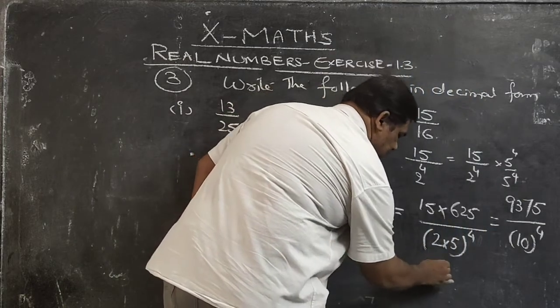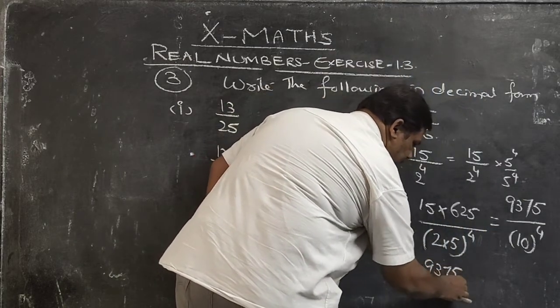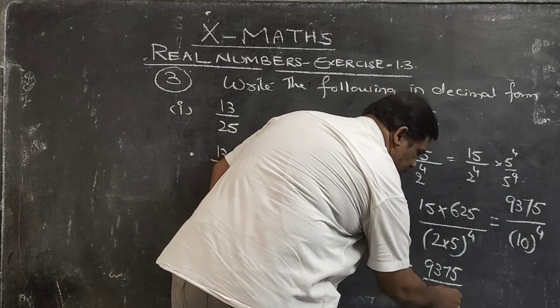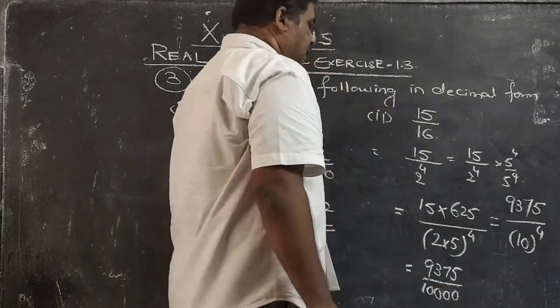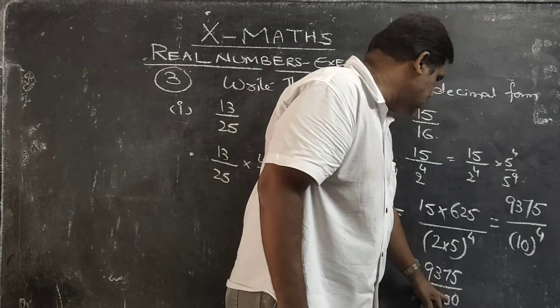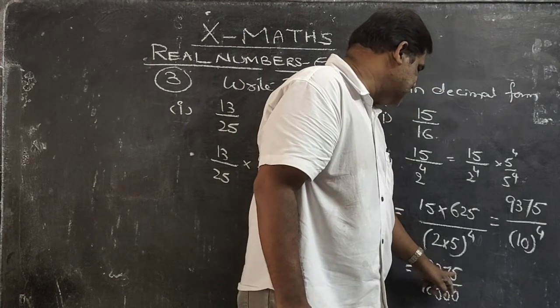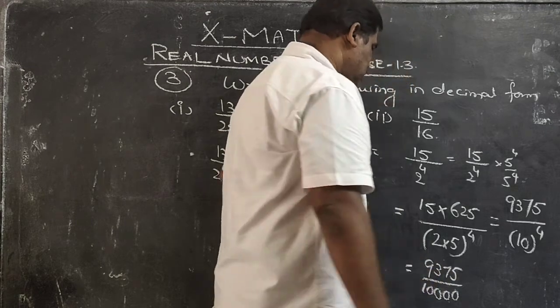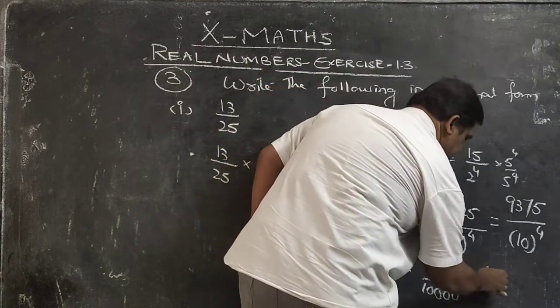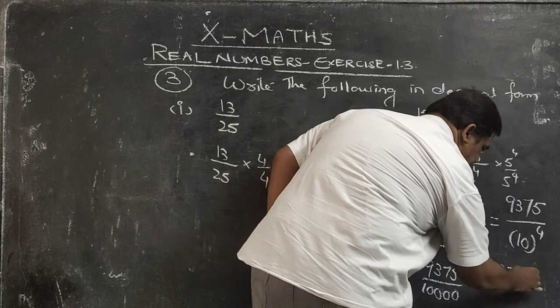So it is 9375 by 10 to the power 4, which means 4 zeros, that is 10,000. If the denominator contains 4 zeros, then in the numerator, after 4 digits from the left side, you have to keep the point. So the answer is 0.9375.